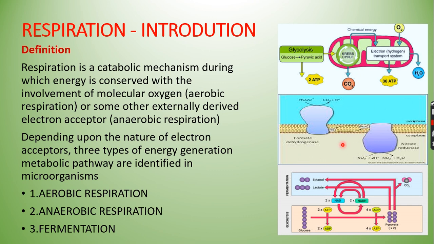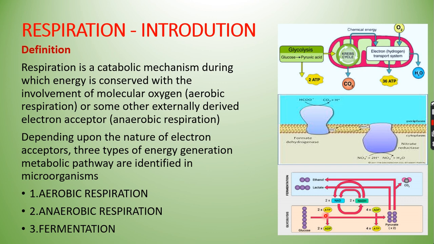Then what is anaerobic respiration? It is respiration in which an inorganic molecule other than oxygen, like sulfate, nitrate or carbonate, serves as the terminal electron acceptor. That kind of respiration is called anaerobic respiration.